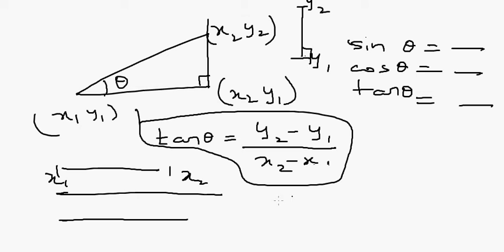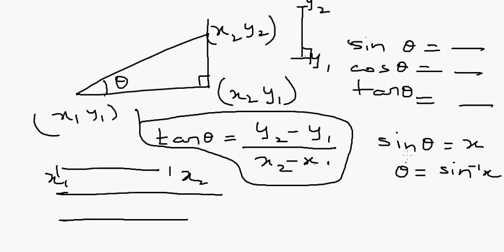But we need theta, right? Many of you may know what an inverse trig function is. Inverse trig function is simply this: if sine theta is equal to x, then theta is equal to sine inverse of x. I just invert the function.